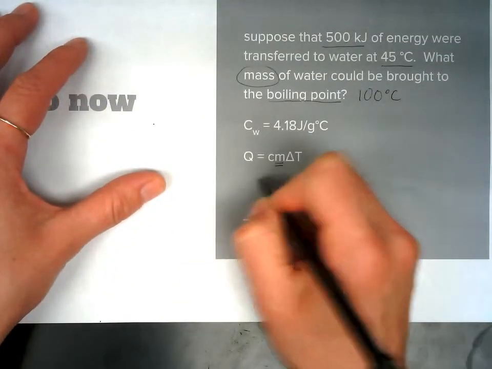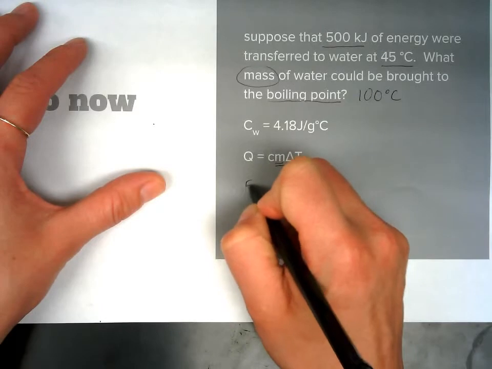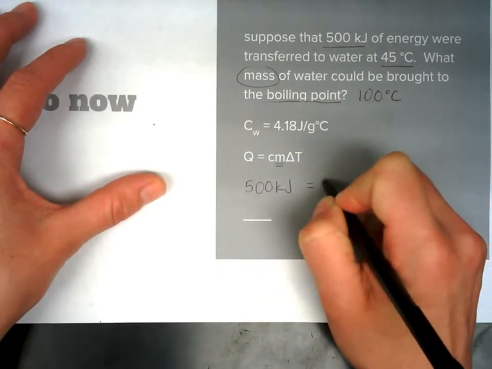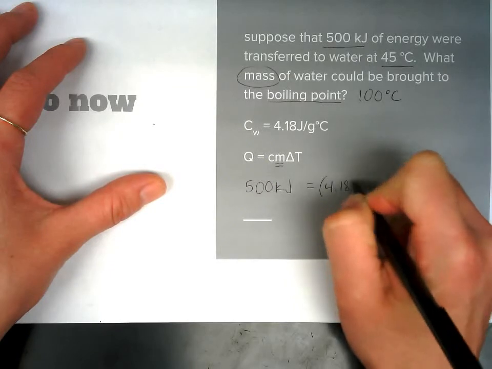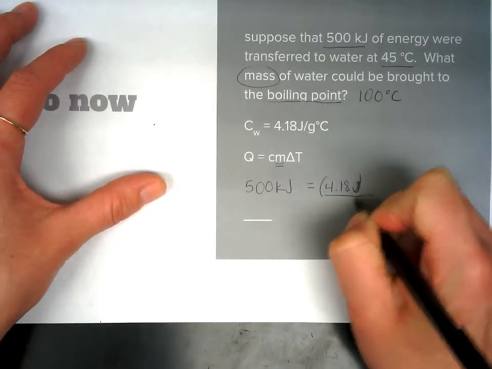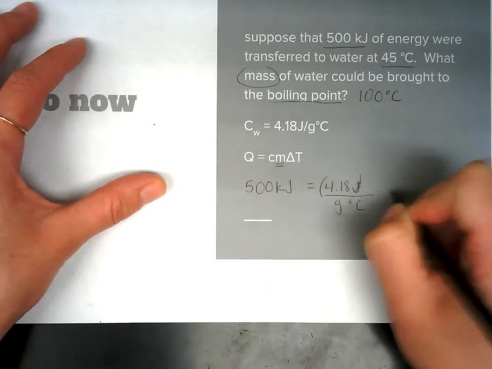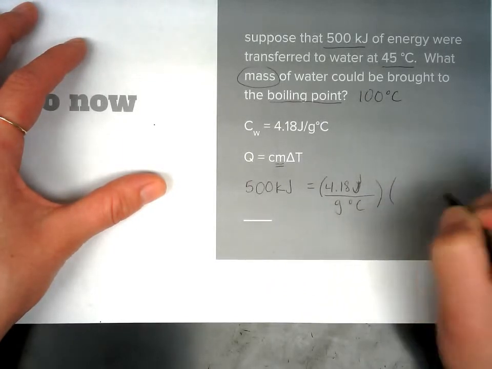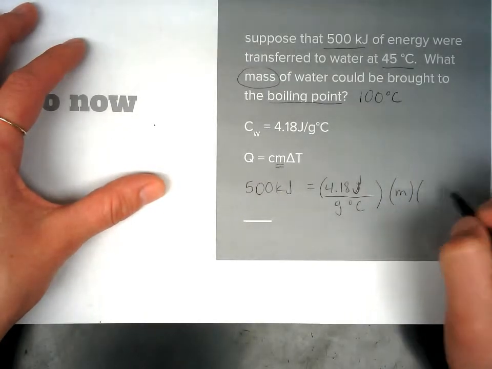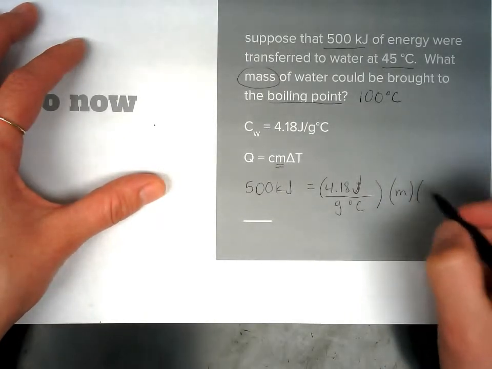So we have our Q is 500 kilojoules. That equals 4.18 joules per gram degrees Celsius, times the mass, which is what we're solving for, and the delta T. So we have the final minus initial.